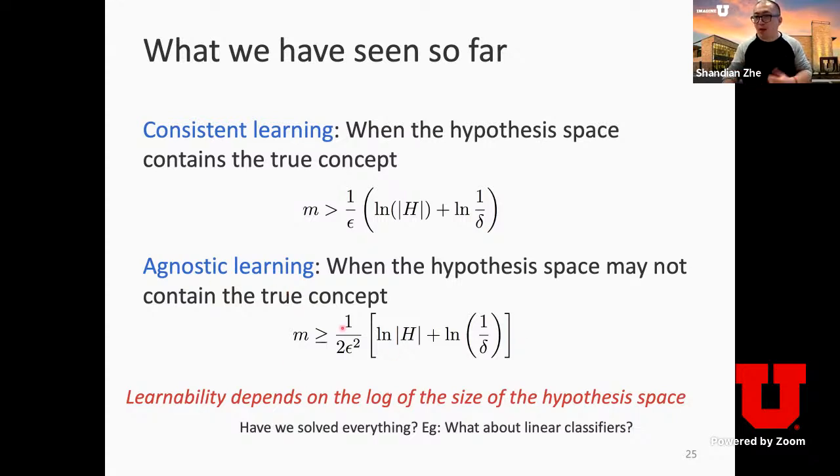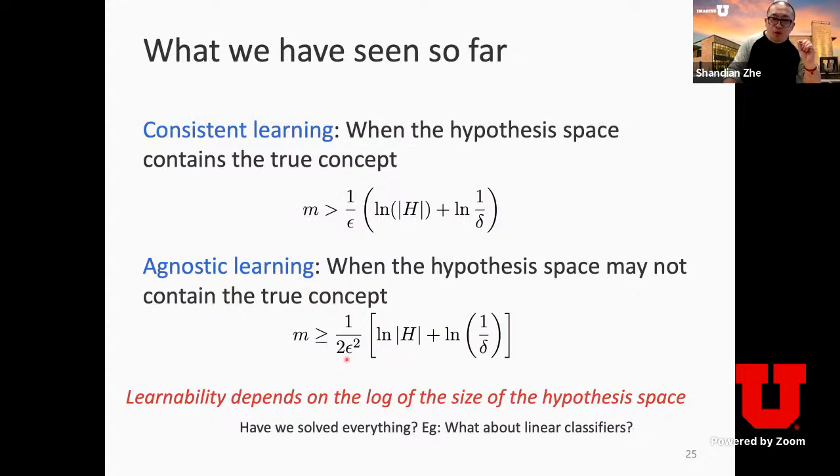Here is the sample complexity bound. But the statement of the conclusion is a bit different from consistent learning. In agnostic learning, we will no longer say that our absolute true error is less than some epsilon. We will never be able to say that because we need to account for the training error.